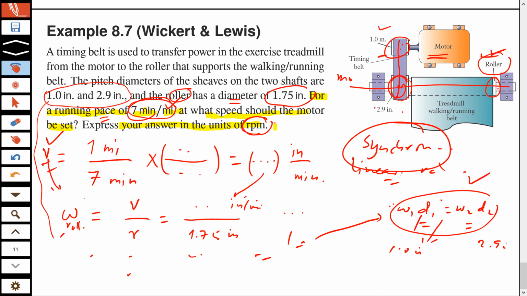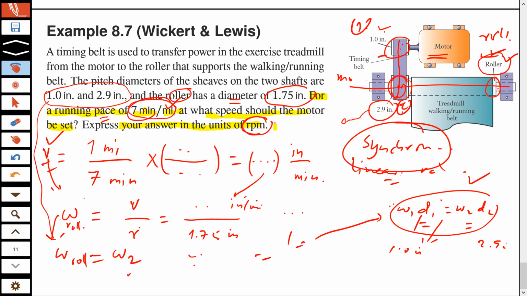Because the angular velocity of the 2.9 inch one is the same as the angular velocity of your roller. So this angular velocity of the roller, which is v over r, that omega roll is also equal to, let's label this as 1 and this as 2 for simplicity, so I say 1, 2 and roll. So omega roll is equal to omega 2.